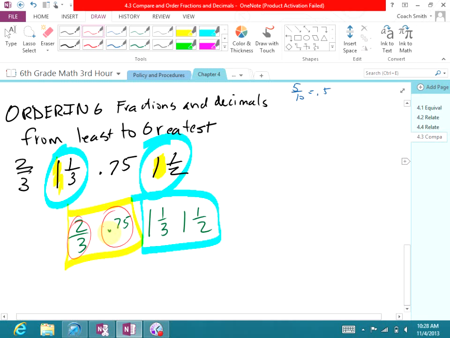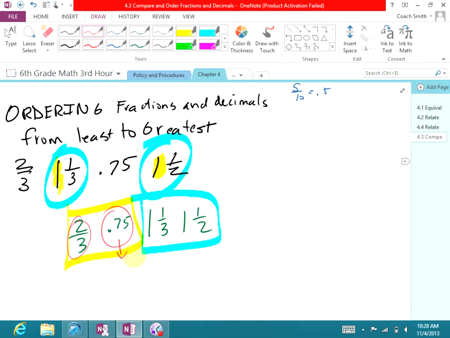Okay? 2/3, if I move 0.75 to a fraction. What is 0.75 as a fraction? Tristan. No. Xander.